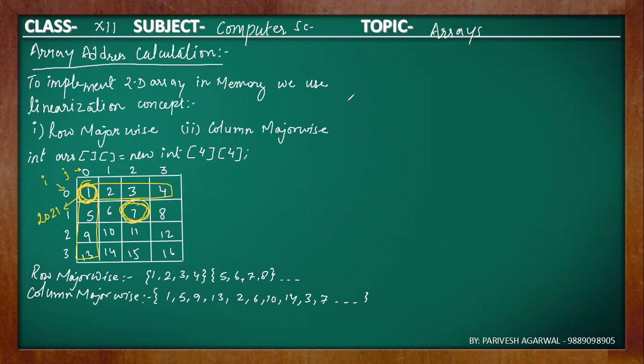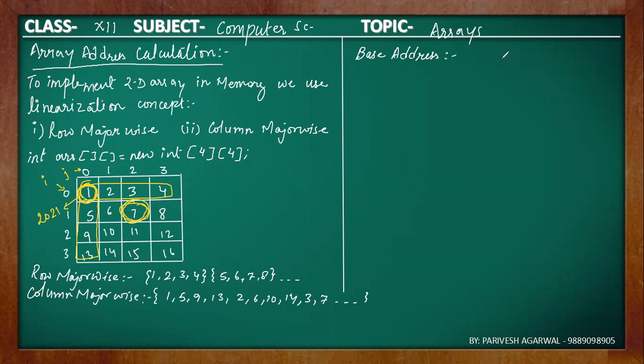Now let's move. Every linearization form has its base address. Base address, you can say, students, is the first address which is defined, or the first location, that is termed as your base address. Clear? So every linearization form has its base address.